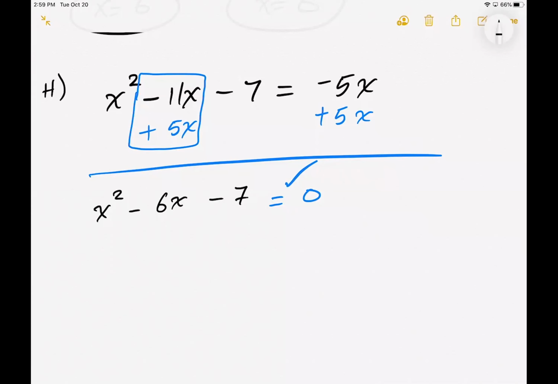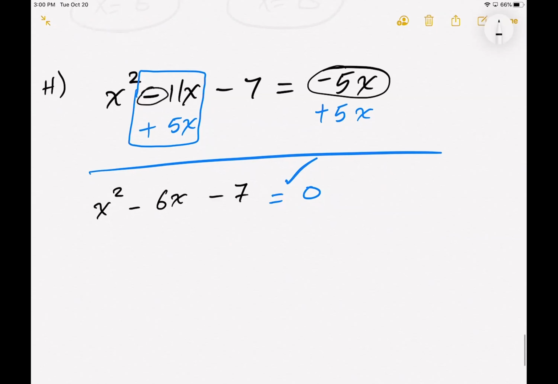So hopefully you guys see that in order to get rid of the positive x, because it's negative, I need to add. Even though when I say we add, when I move it to the other side, I need to combine like terms, and in this case, one of them is positive, the other one is negative.